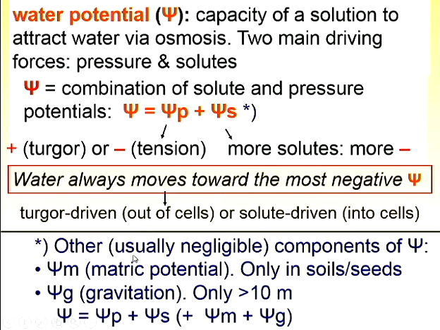For instance, if you have very dry situations like a seed, there's hardly any water in seeds, and also in soils, which tend to be very dry, then you have what's called the matrix potential, or psi-m. And this is the potential of non-dissolved molecules to also bind water. As an example, you probably know if you have cotton clothing on and you're in the rain, they get very wet.